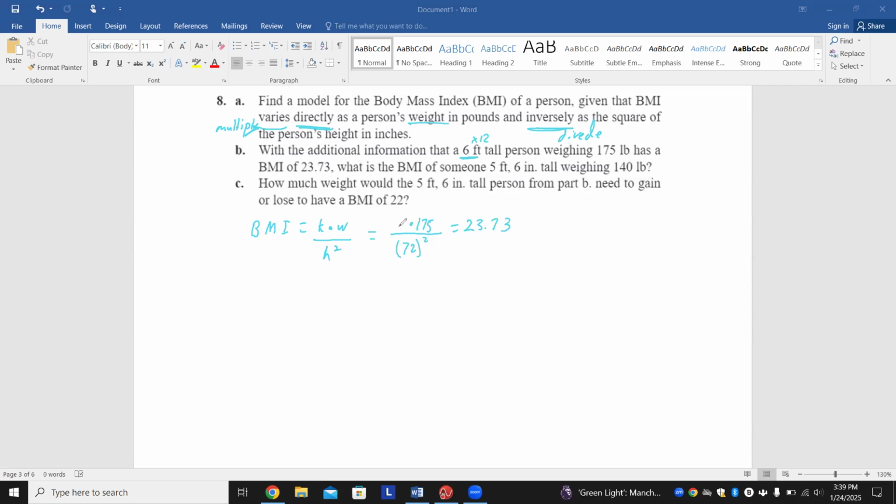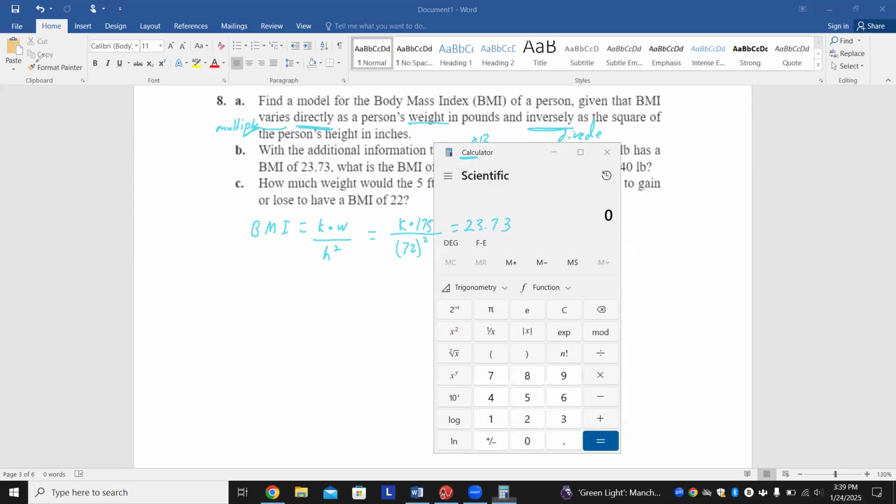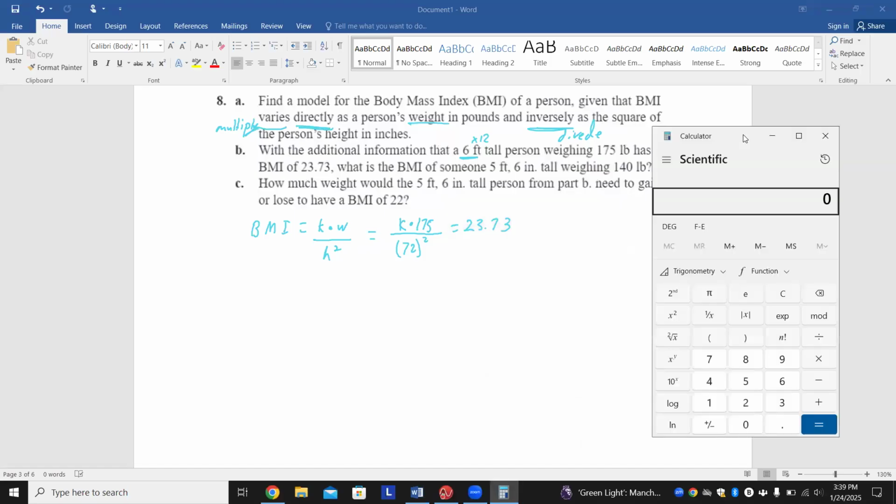So here's our K. We'll find our K by doing some math. I'd highly recommend a calculator for this. I'm just going to use one now. Let's cross multiply.